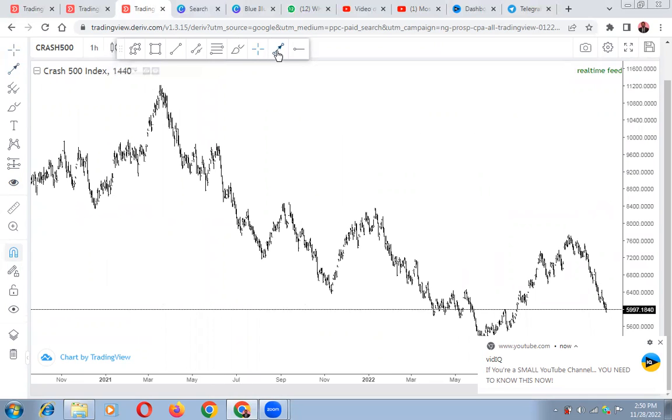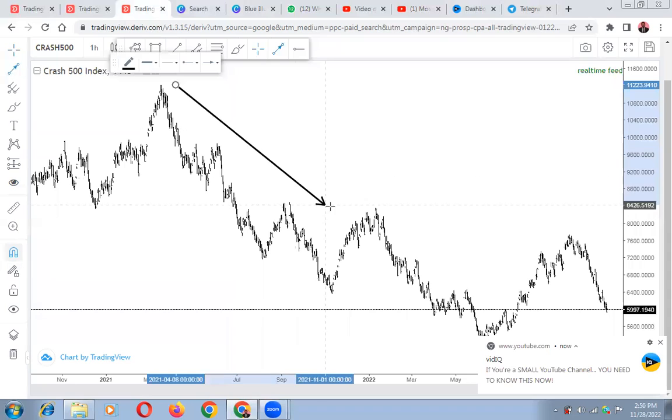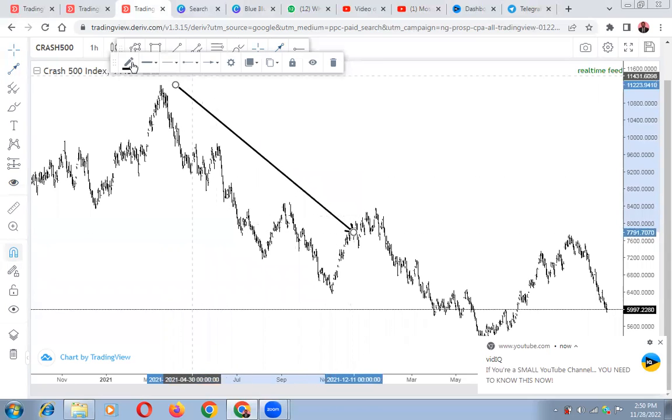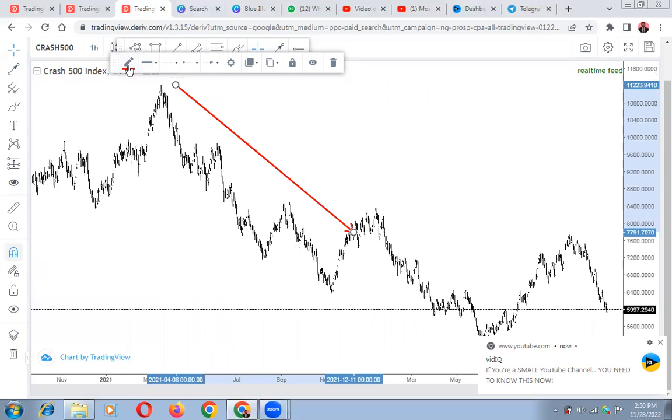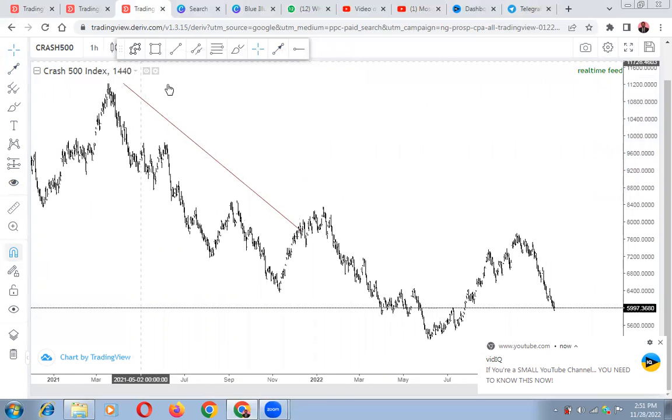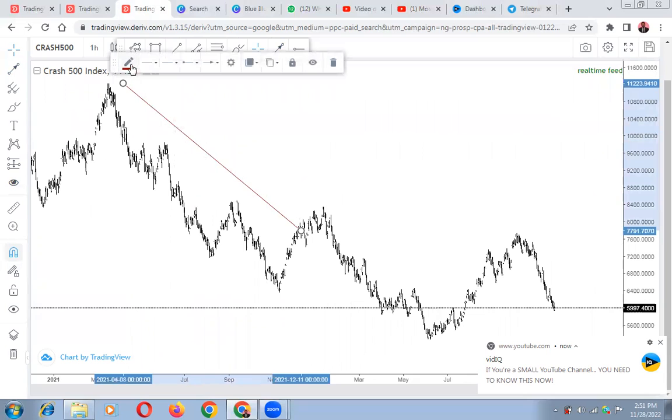Price has been hovering down. Let me use a different color, reduce it. Okay, price has been going down for some time.